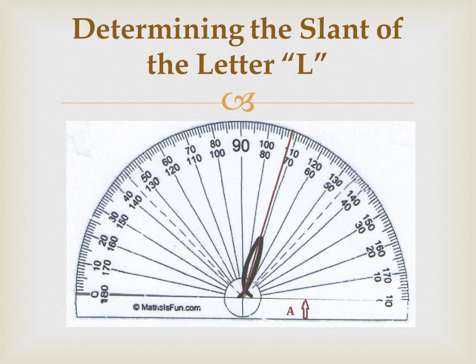Then follow up the protractor to see what angle crosses the middle of the letter. In this case, it is a 72-degree angle. The red mark in the picture is only there for the sake of convenience. For this particular letter, we have determined that the angle of the letter L is a moderate right angle.